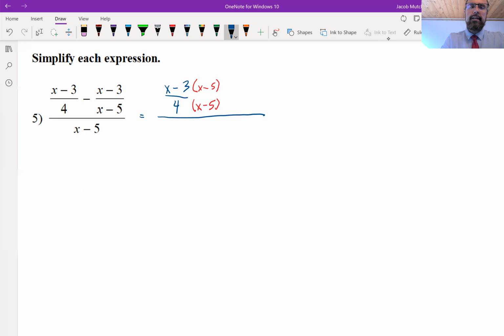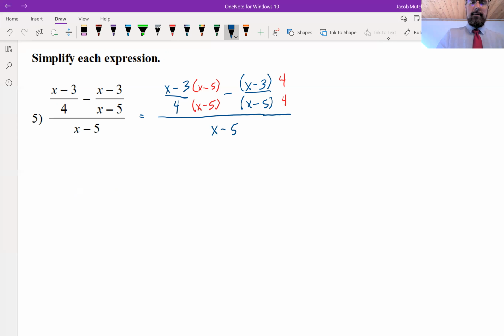Similarly, for the second fraction, x minus 3 over x minus 5, I want to multiply by the 4 above and below. My first step is to combine those numerator fractions. I'll leave the x minus 5 in the denominator unchanged.